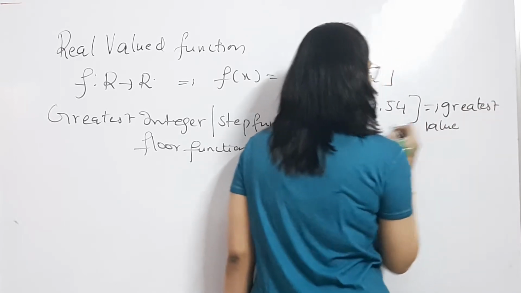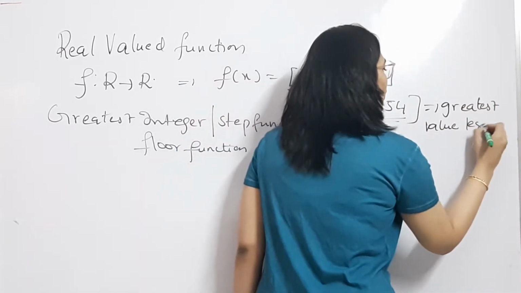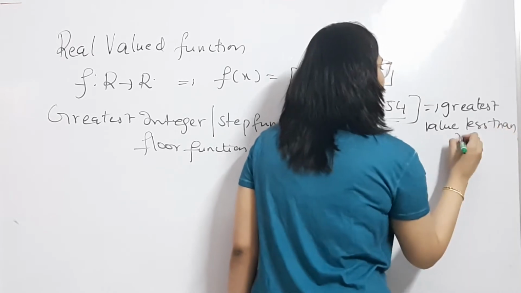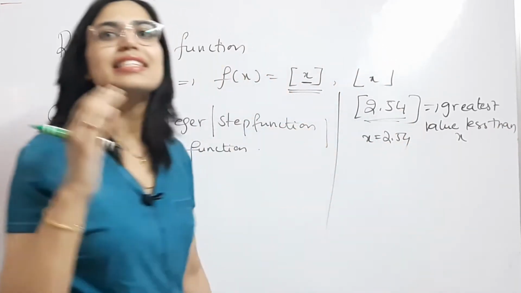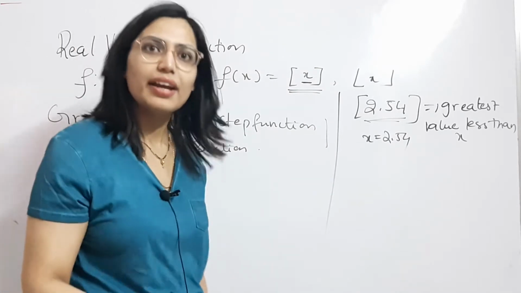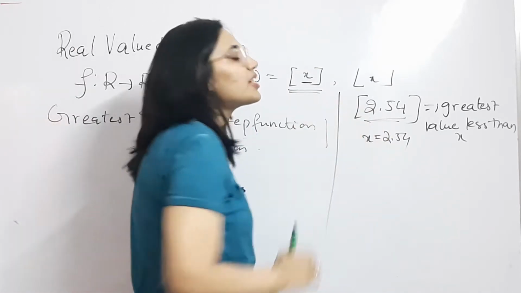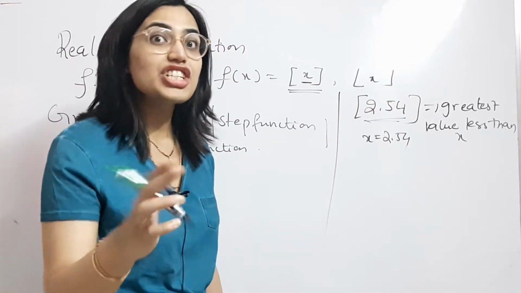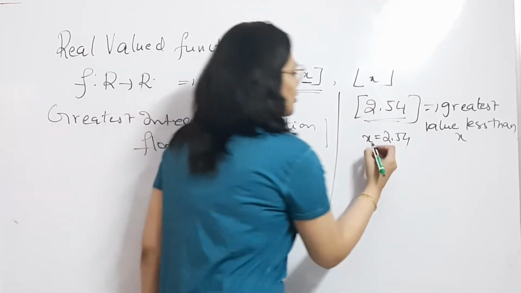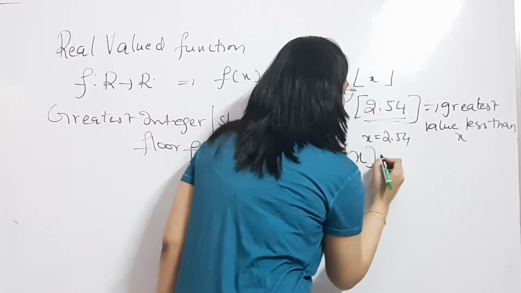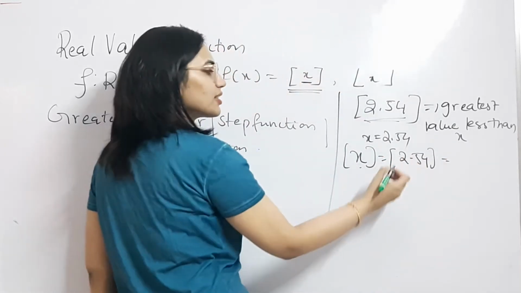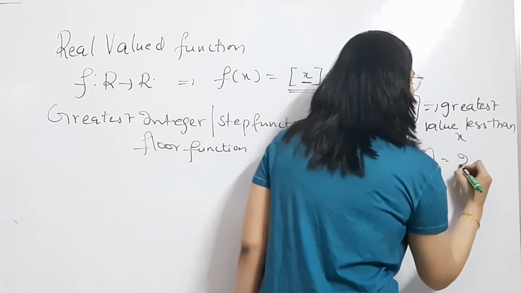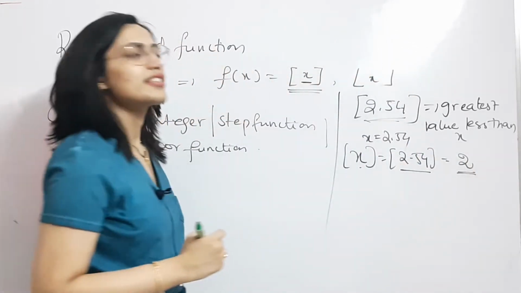In here, what is the x value? Here x is 2.54. So what is the greatest integer that you can pick which is less than x? Step of x in this case, if you are considering x as 2.54, is 2.